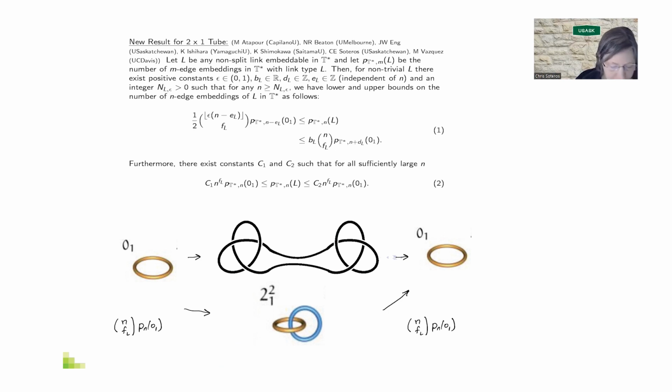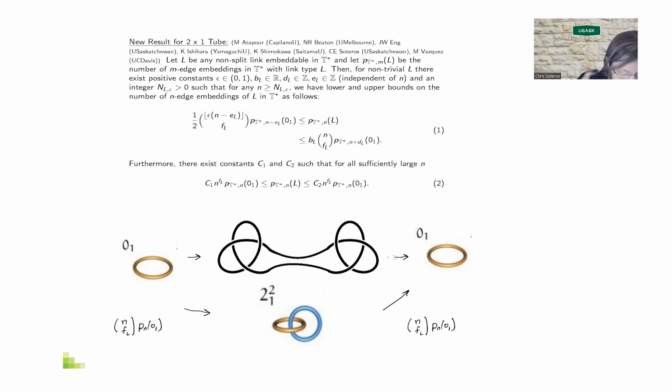So the idea is that in order to prove this, we start with an embedding, and we want to relate embeddings of any fixed knot type or any fixed non-split link type to the number of unknots. So basically we need a lower bound and an upper bound.